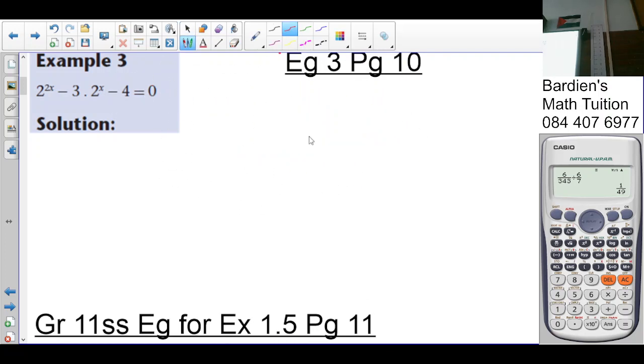So what do you see? We see now a trinomial. I see that 2 to the 2x can be written as 2 to the x squared minus 3 times 2 to the x minus 4 is equal to 0.